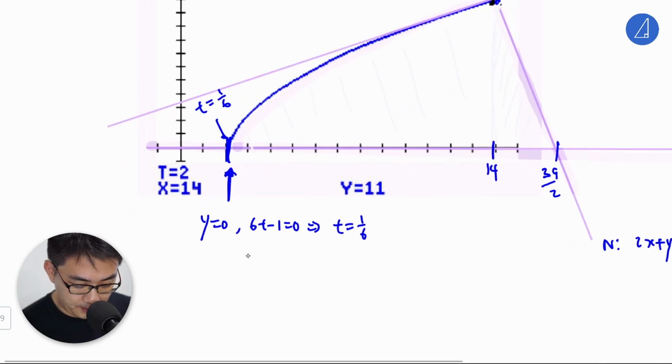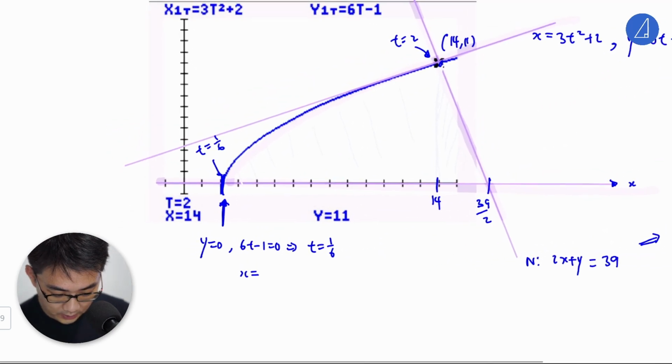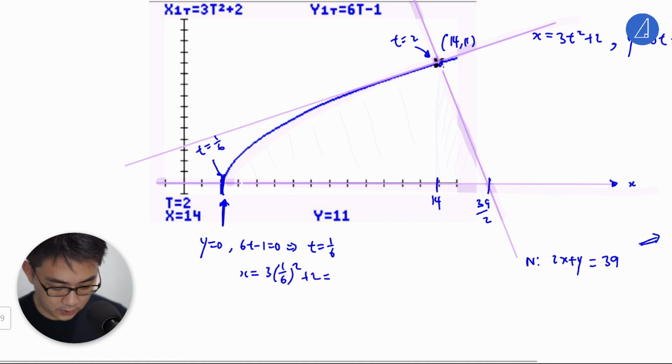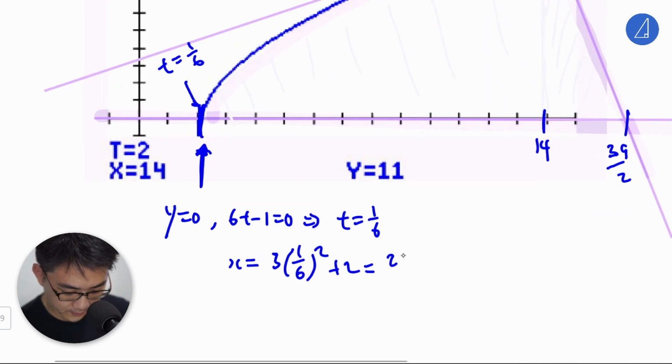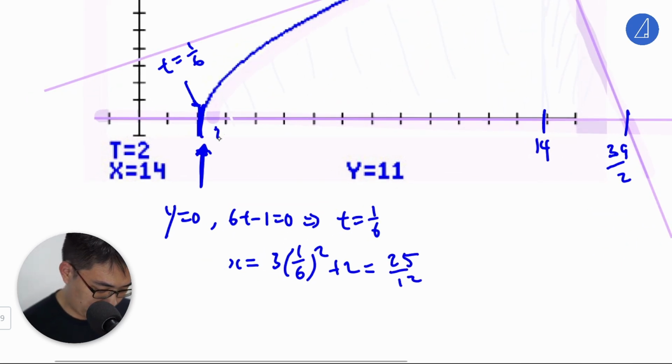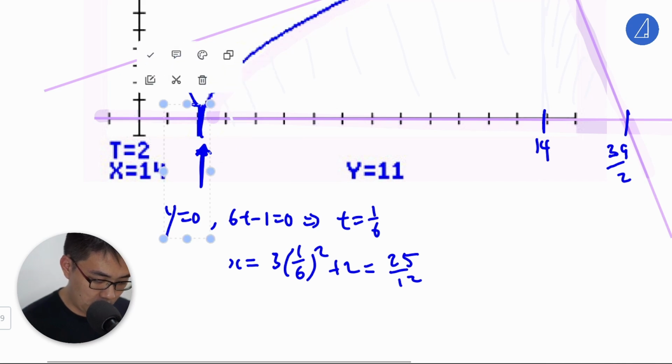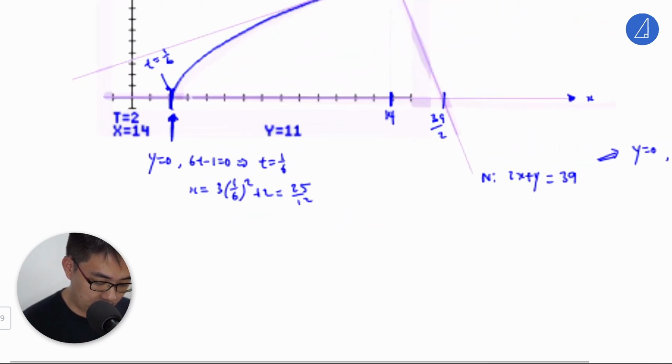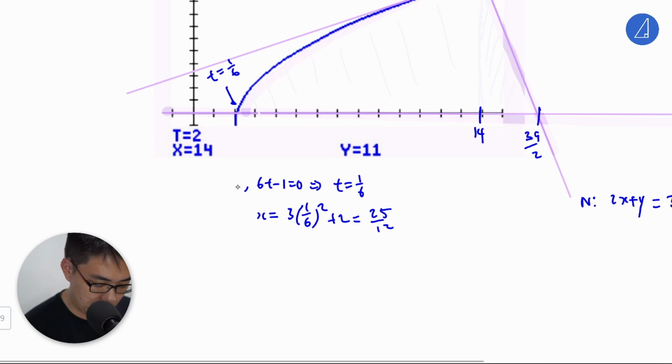But if you want to find the x out as well, it's fine, but it's quite redundant actually. So this will be 3 over 36 plus 2, I believe. It's 25 over 12. So this is 25 over 12 for the x-axis here. Okay. So you just let y be 0 because it's the axis.